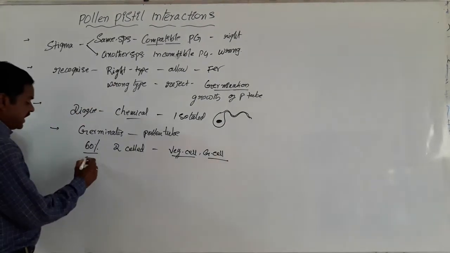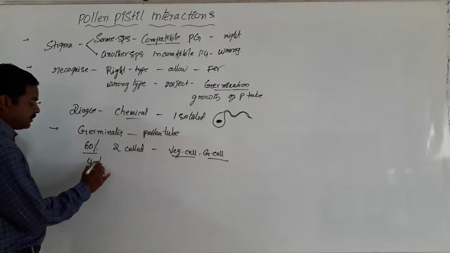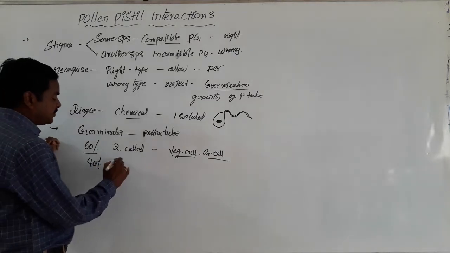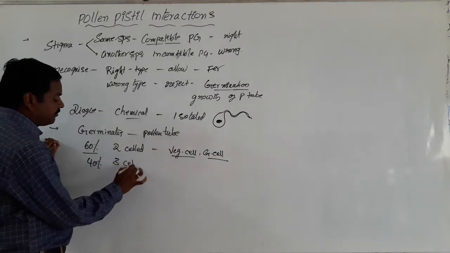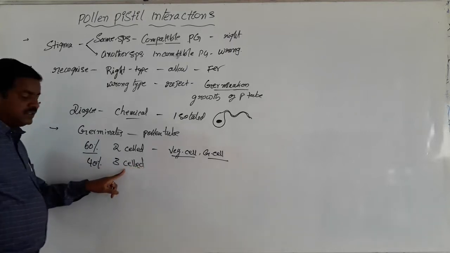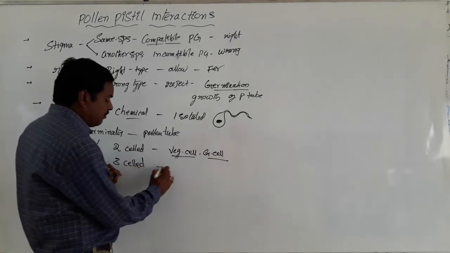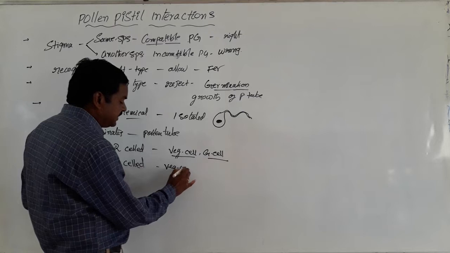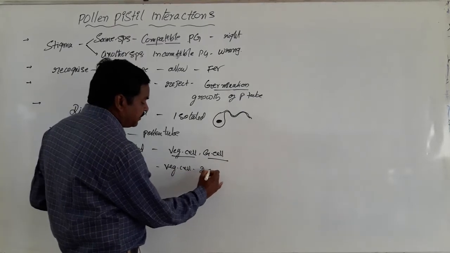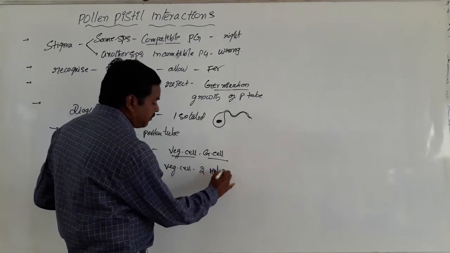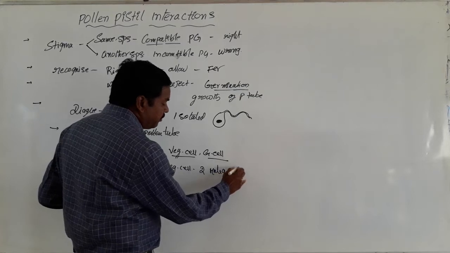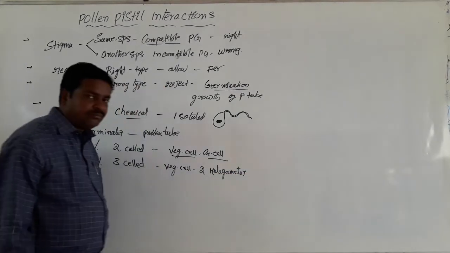But in the remaining 40% of plants, pollen grains are released from the anther at the 3-cell stage. One is the vegetative cell and the remaining two are male gametes.